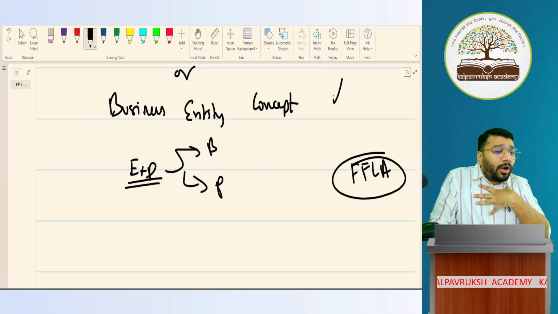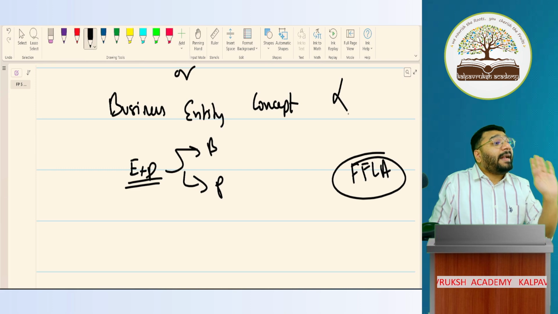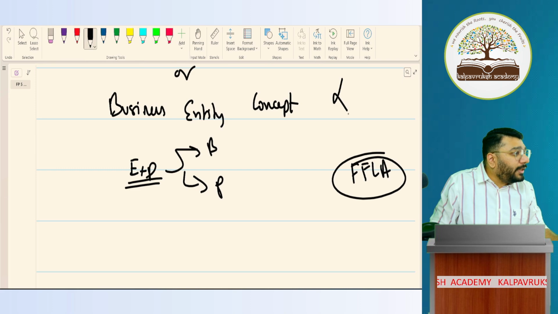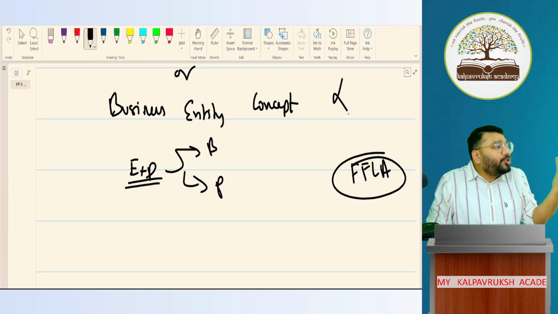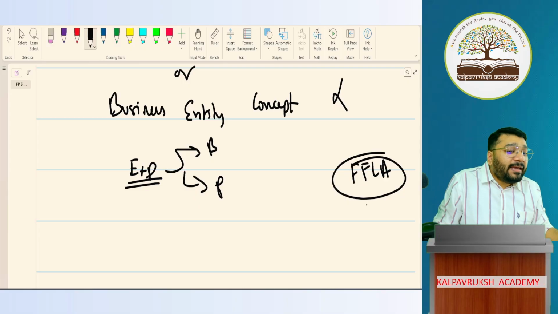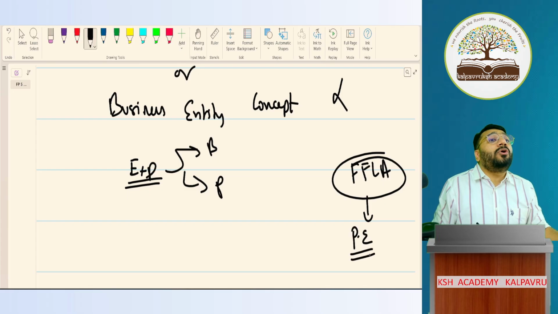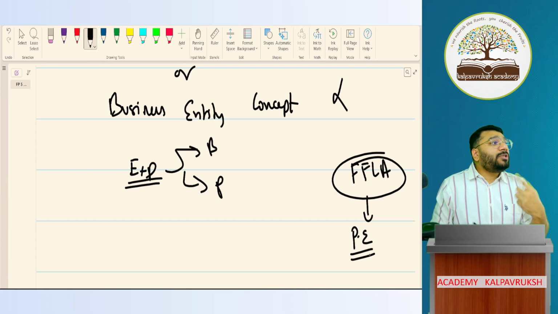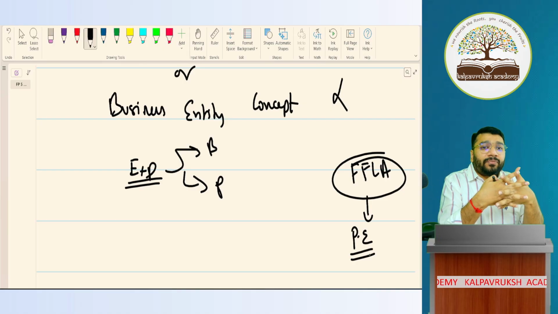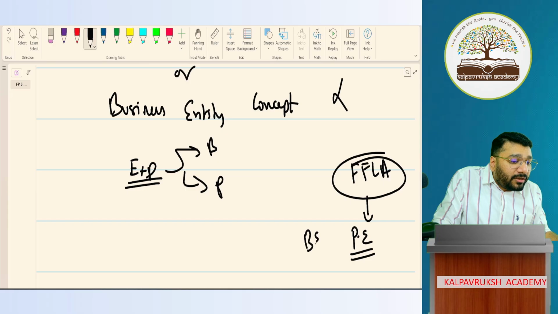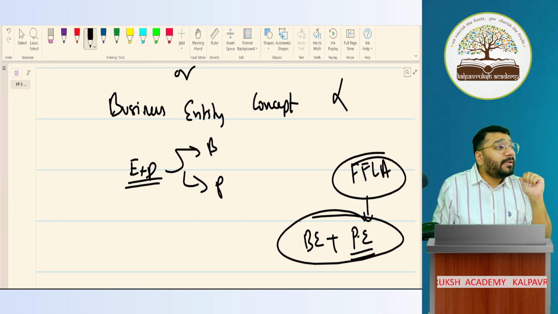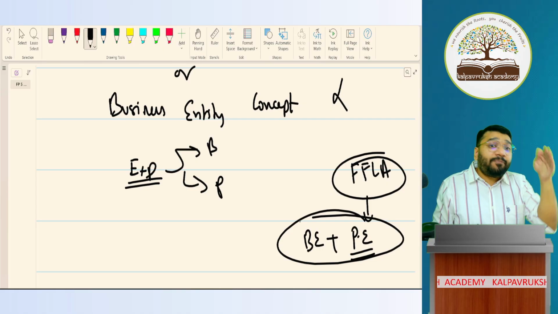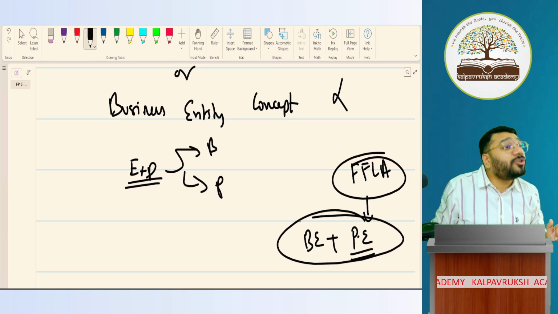When this concept was not there in the past, I'm talking about before 1949, what I used to do is, in the FFLA business, I used to record my personal expenses also, because a sole proprietorship concern means I and the business are both the same. So in the business expenditure, we started adding the personal expenditure also. If I do that, what will happen? The profits will reduce. If profit reduces, the tax that you pay to the government also will reduce.